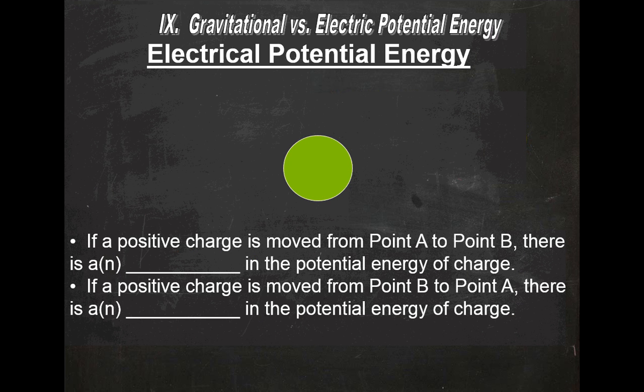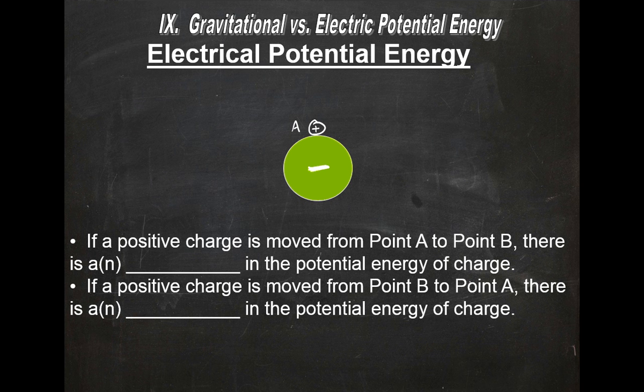Let's compare that to electric potential energy. So let's say we've got this little circle here, and I'm going to make it negatively charged. And right at the surface of it, I'm going to call this position A. I'm going to put a little positive charge.